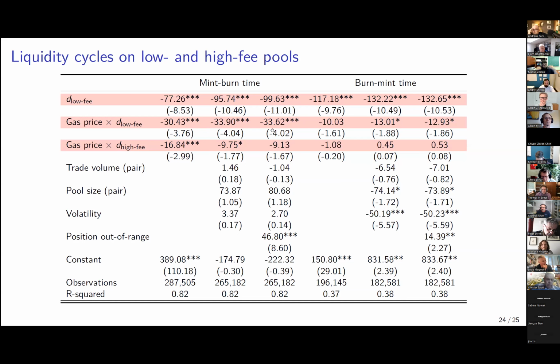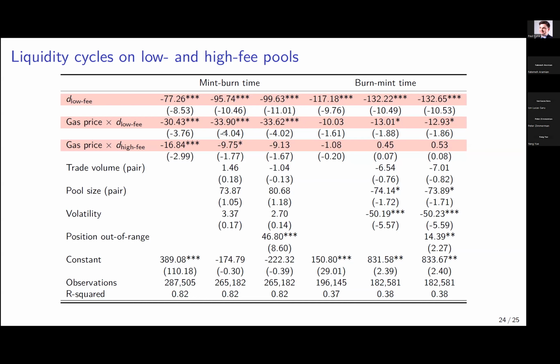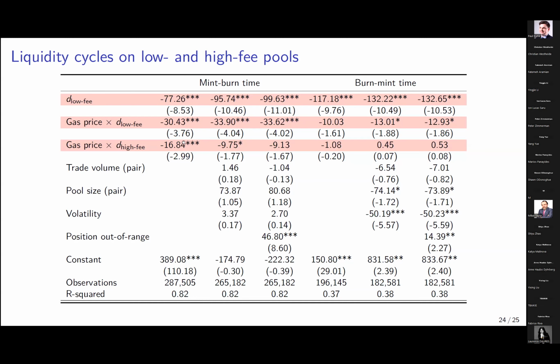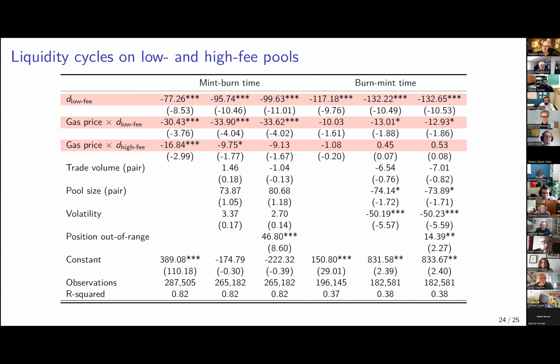And just to have in mind that there is nothing here that's necessarily driven by how people act in general or interact with these platforms when the gas prices are high. We also look at the time between when you withdraw liquidity and when you mint it again, so basically that's your rebalancing time.